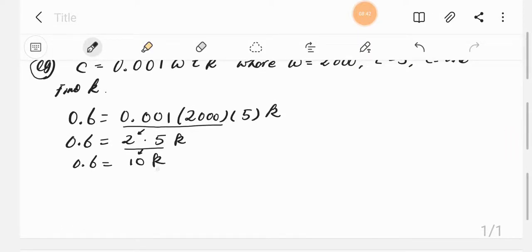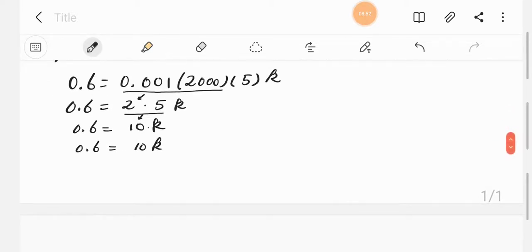So to find K, divide each side by 10. So 0.6 equals 10K, and each side of the equation will be divided by 10. Then the right side is K. The left-hand side is, you are dividing 0.6 by 10.